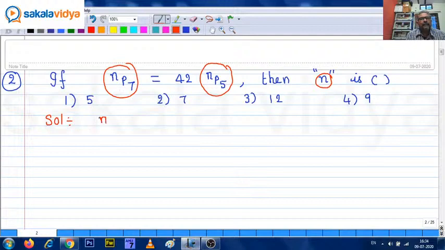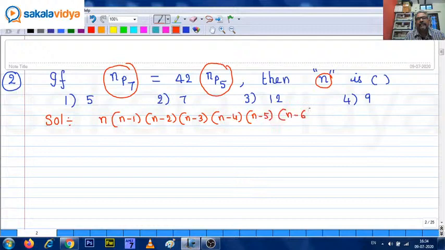First place n, second place n minus 1, third n minus 2, fourth place n minus 3, fifth place n minus 4, sixth place n minus 5, seventh place n minus 6, equals 42 times nP5. nP5 means 5 blank places are filled with n different objects: n, n minus 1, n minus 2, n minus 3, n minus 4. Now what will happen?